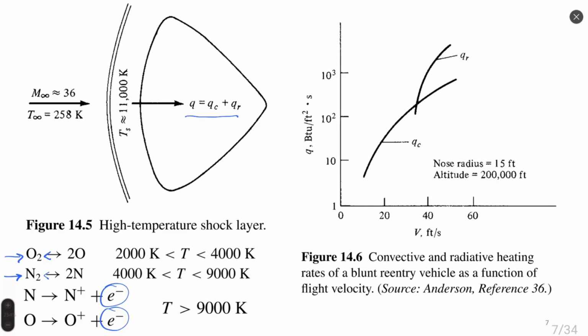The reverse process is much faster than the straight process, so that in real life we do not see ions. Or let's say we see ions of nitrogen and oxygen and atoms of oxygen and nitrogen in extremely small quantities.